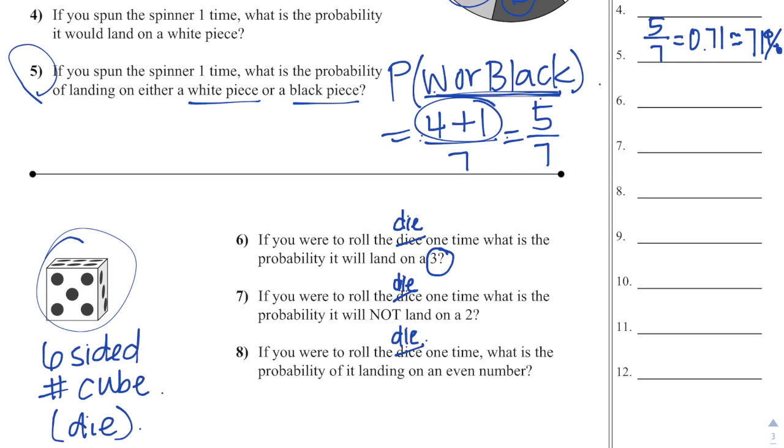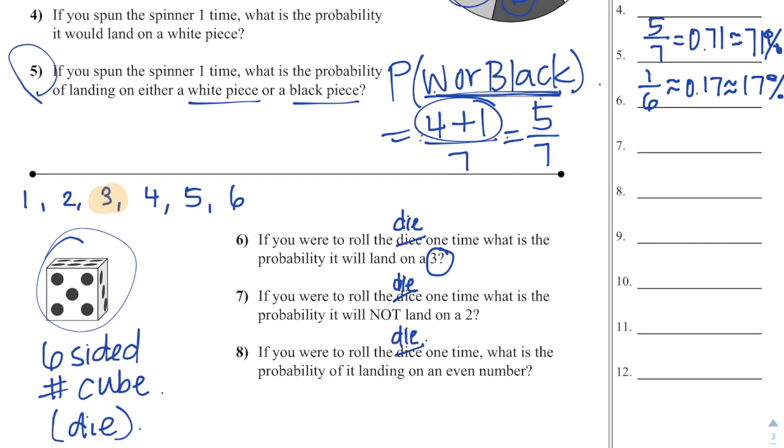So on the number cube, the number options are 1, 2, 3, 4, 5, and 6. And among those, only one of them is a 3. So how you would write the probability for that is 1 over 6. And if you take that and divide it, 1 divided by 6, you get about 0.17, which is making it about 17%.